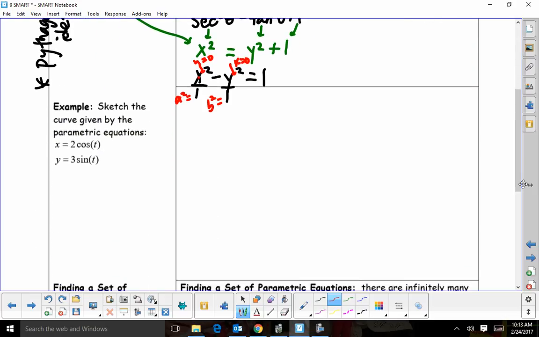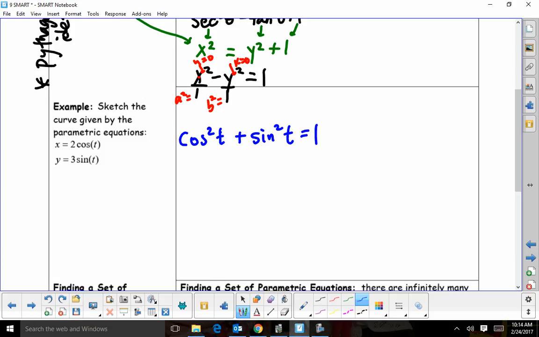I am only going to do this parametric. I'm going to convert it to rectangular and then graph it. So what equation will I need? Cosine squared, and in this case it's a t, plus sine squared t equals 1.